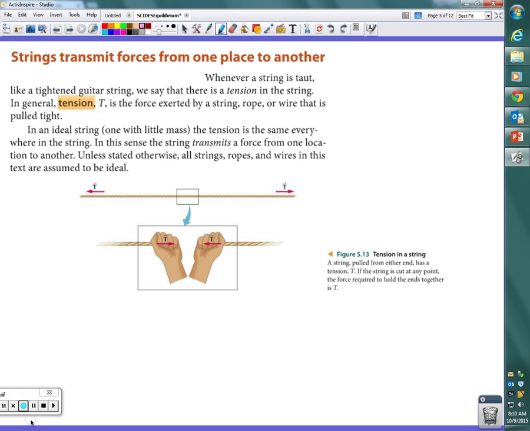When we start talking about equilibrium, there's a couple forces that show up a little bit more often. The first force that shows up is a force that we call tension. Tension is just a fancy name for force that comes from a string. Tension is the force exerted by a string, rope, or wire that is pulled tightly.